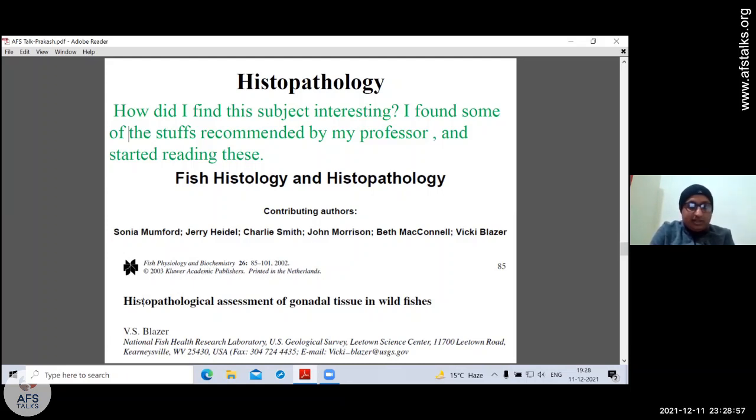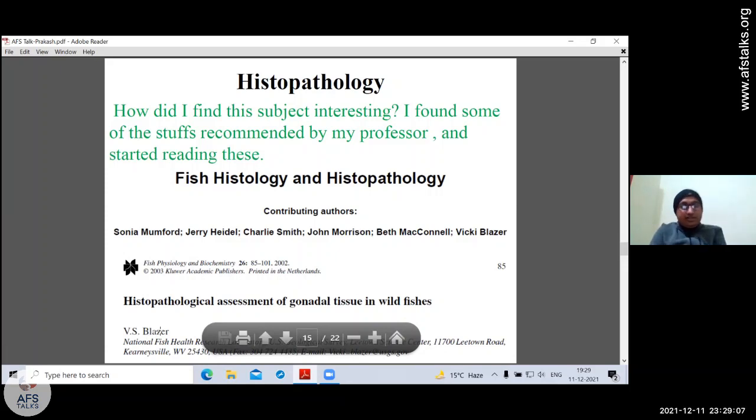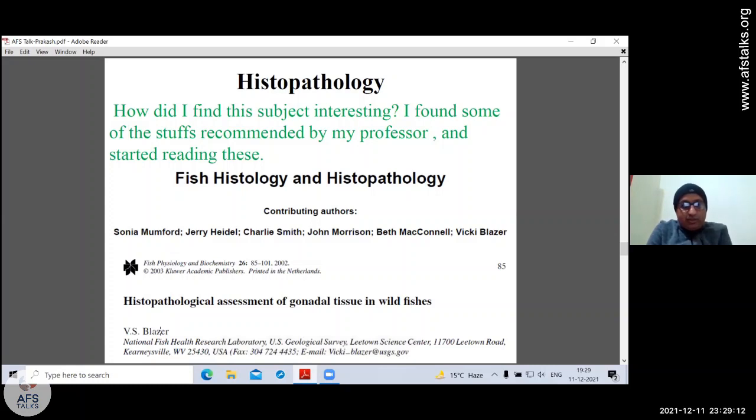Down below I'm showing the histopathological assessment of the gonadal tissue in wild fish. This is written by V.S. Blazer. Her name is Vicky Blazer. She is a professor I have seen working in two universities in the US. I think she is already retired now. I have seen the archive of literature published from her side. She had multiple collaborations, and her work was mostly on the histopathology of fishes.